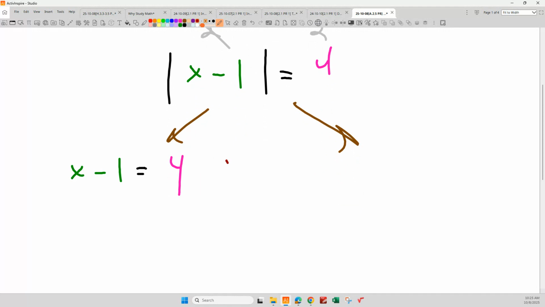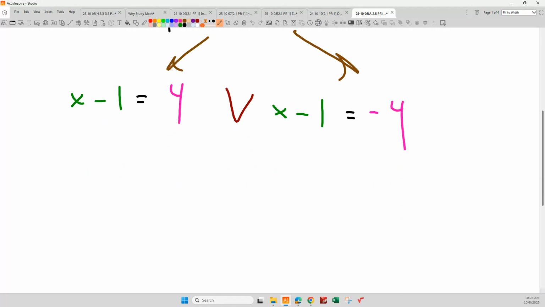Or, what's my second equation? What's inside the absolute values, x minus 1, equals the negative outside number. That was part two. We split it. And then finally part 3, solve them. Easy.